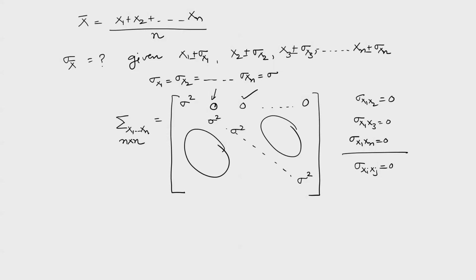Okay, now I want to estimate what is sigma x bar. So use the logic again. Sigma x bar is nothing but, this is the way we write, J sigma x1, x2 and xn into J transpose. Okay, what is the J matrix?